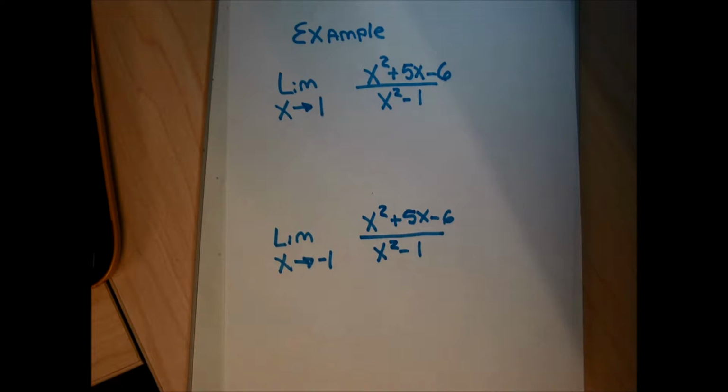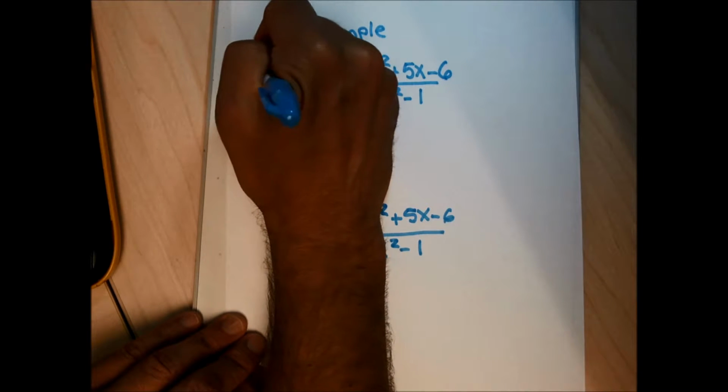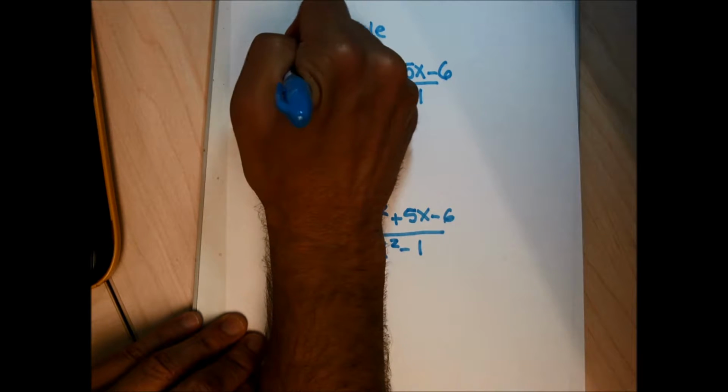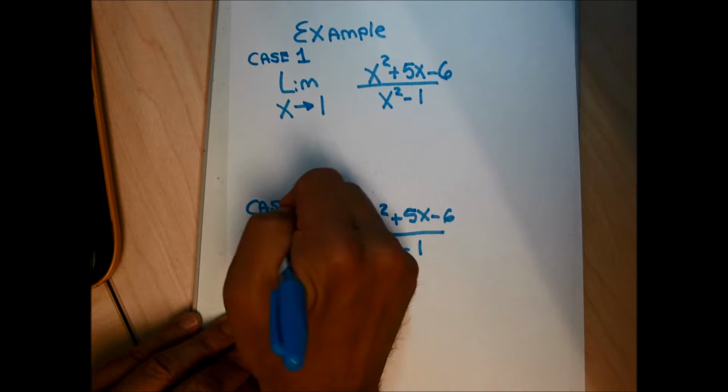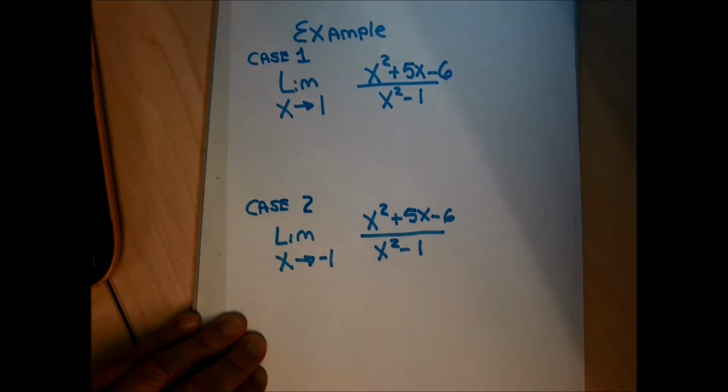And these will illustrate the two things that can happen when I'm finding the limit of a fraction and my algebra gives me something that's undefined. So case 1 and case 2 will illustrate the two bad things that can happen when I'm finding the limits of fractions.